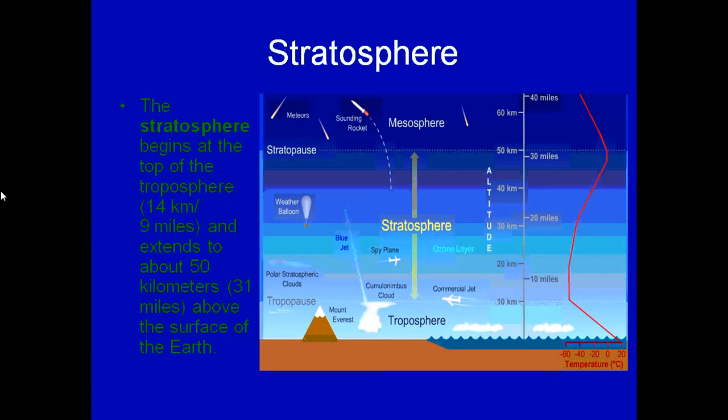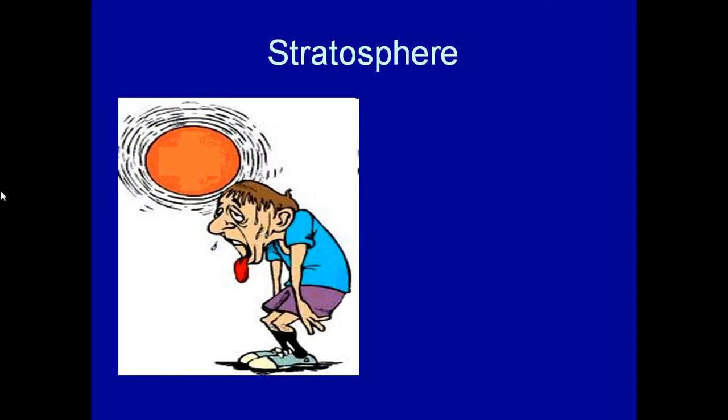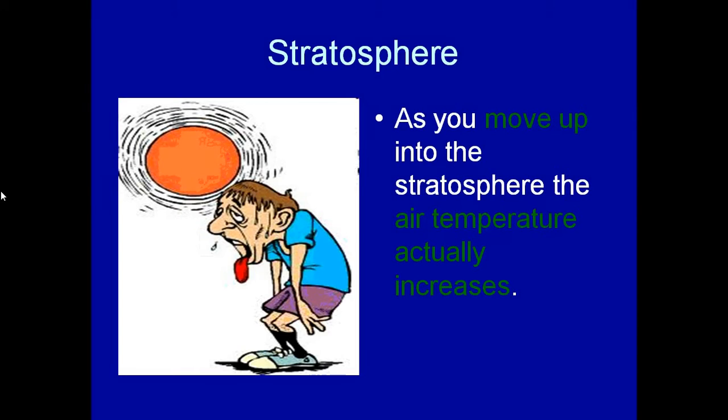If we were in a spy plane or a blue jet, it would be close to the stratosphere, but not quite, in the area between the stratosphere and the troposphere. But definitely if you were traveling in a weather balloon, it would be in the stratosphere. Now, as you move up into the stratosphere, the air temperature actually increases.